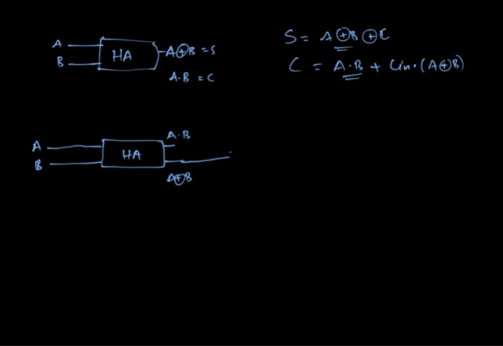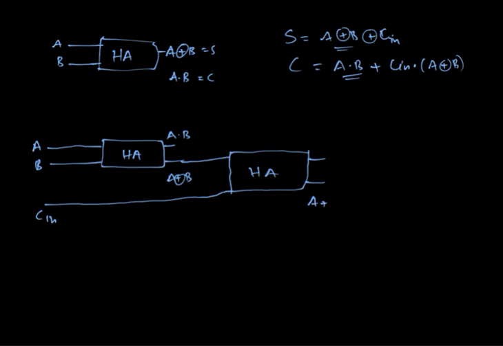So now if we give this to another half adder, this C is actually C in, with C in here, then one of the outputs will be, A XOR B is one input, and C in is the other input, so it will be A XOR B XOR C in.